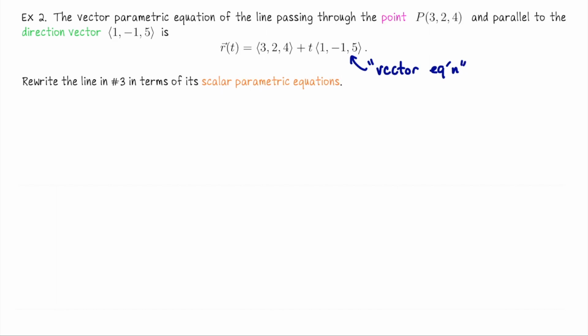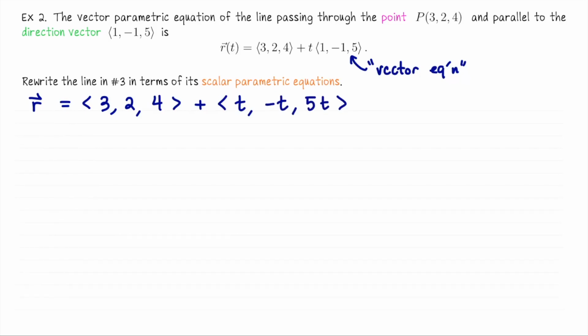Okay, so let me just rewrite the equation we have. I'll write it as r equals 3, 2, 4 plus, let me go ahead and do the scalar multiplication of that second vector with the scalar t out front. So that would be t, -t, 5t. Now let's do this vector addition. So we have 3 plus t, 2 minus t, 4 plus 5t.